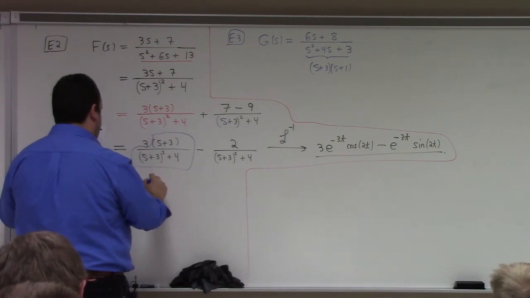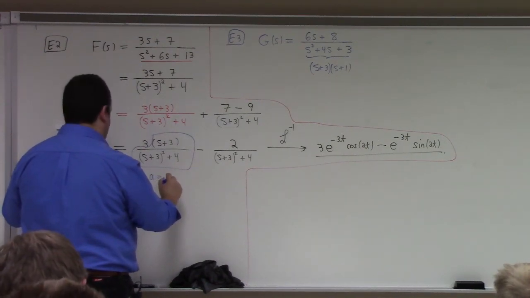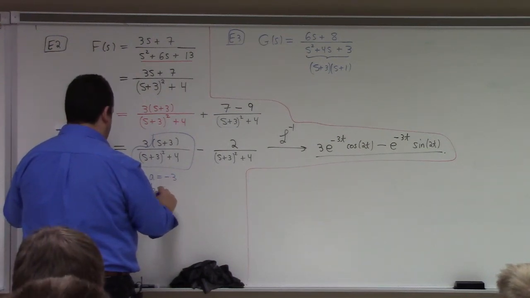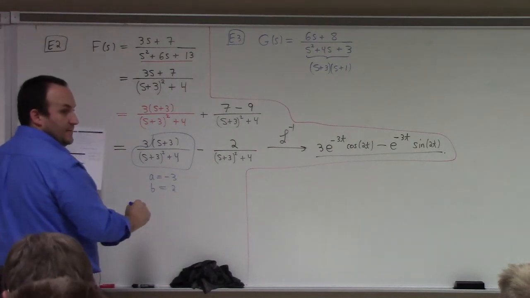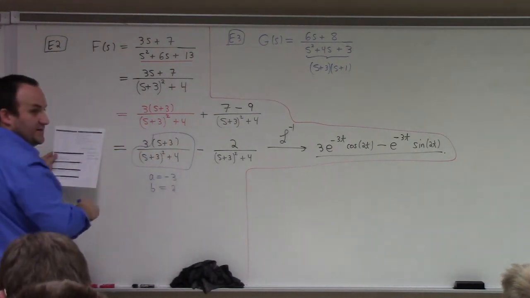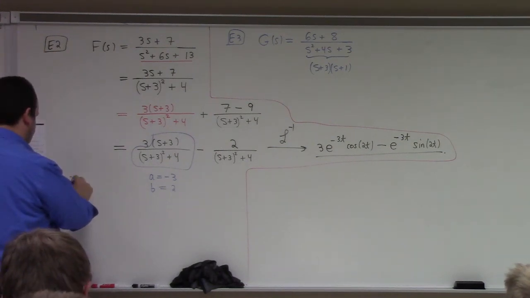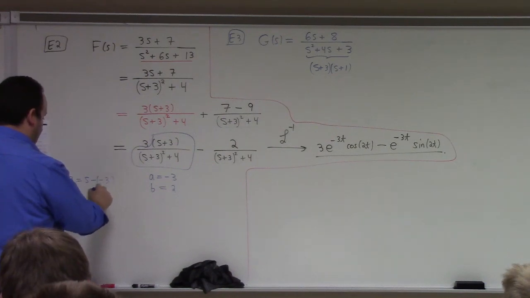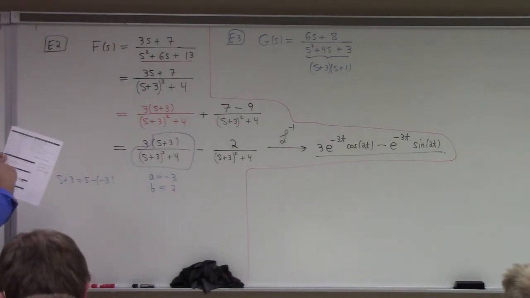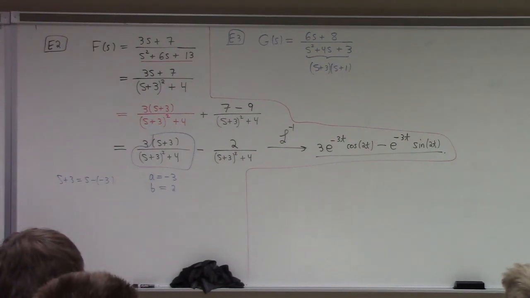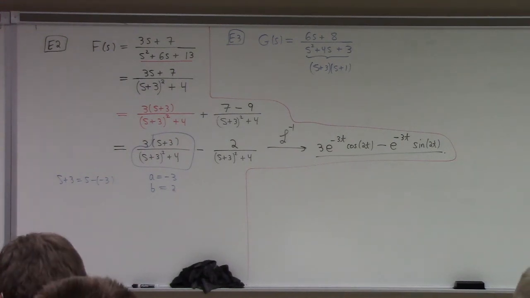And there, I'm looking at a being minus 3 and b being 2. And for both of them, it's the same song and dance. Because s plus 3 we look at as s minus a, with a equal to minus 3, right? Because the formulas are for s minus a. Does that make sense? So it's the end of table 7.1, which we derived through complex magic last time.